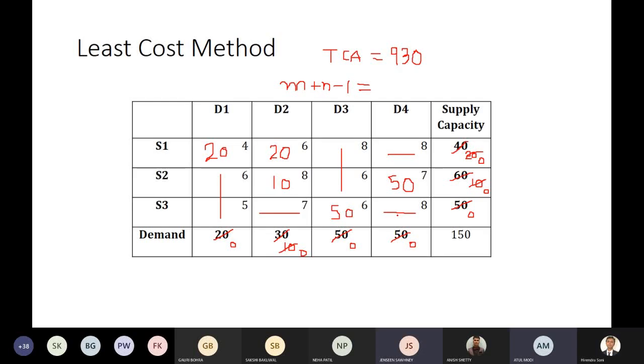In case you are still facing some difficulty, we can do one thing. Try this allocation the other way around and calculate the total cost.